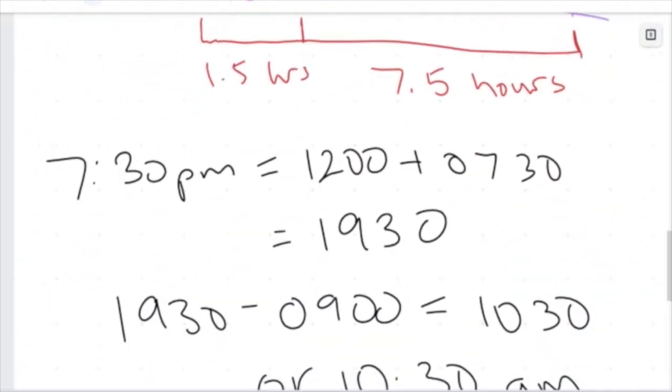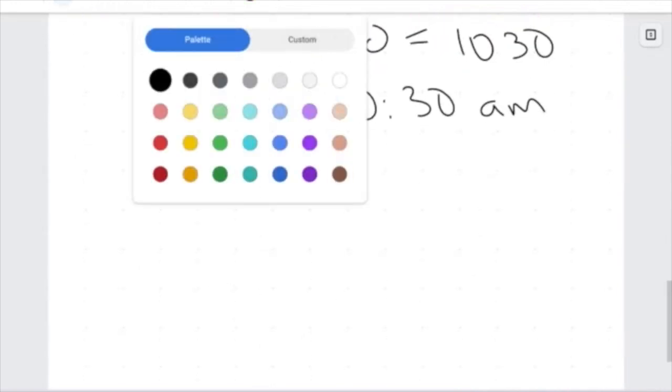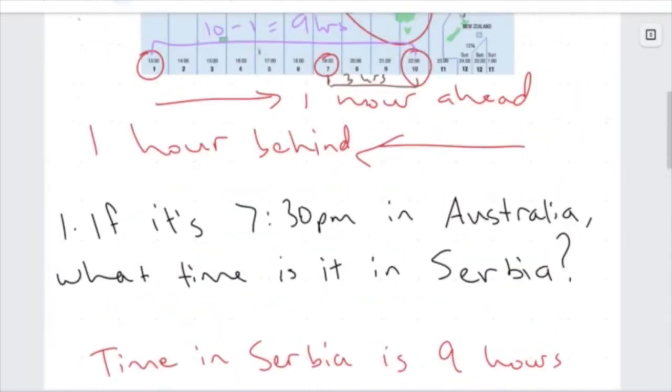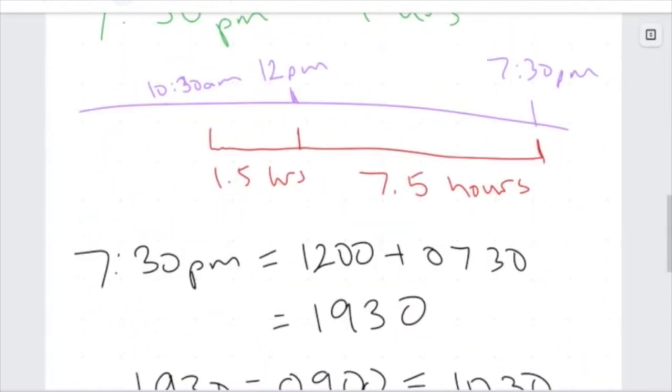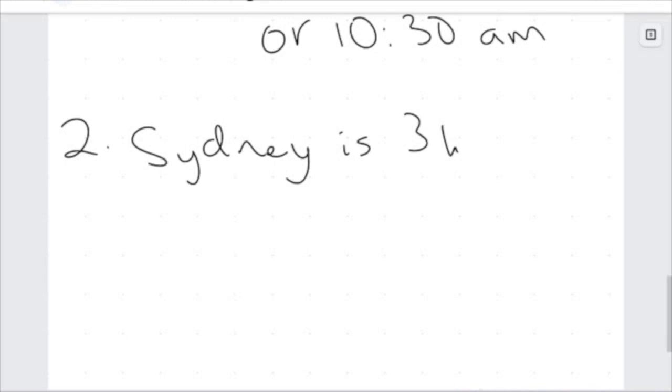So we know that Australia is 3 hours ahead of Thailand. So let's write this down. More specifically, because you can see Australia covers a few different time zones, let's look at Sydney in particular, this red dot where I'm from. Sydney is 3 hours ahead of Thailand.